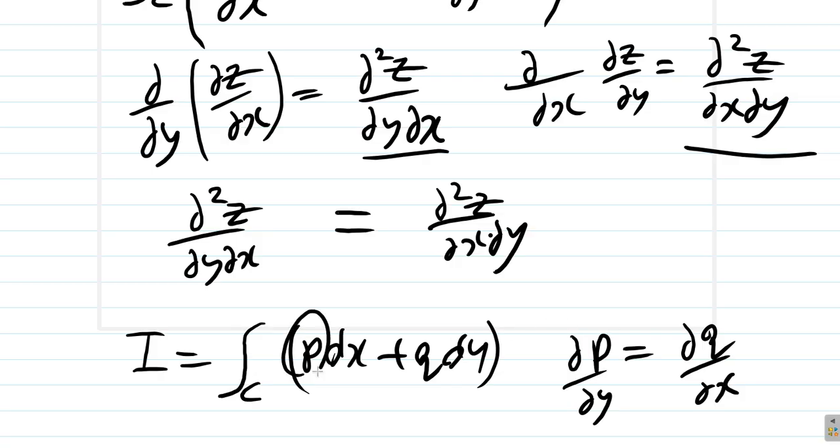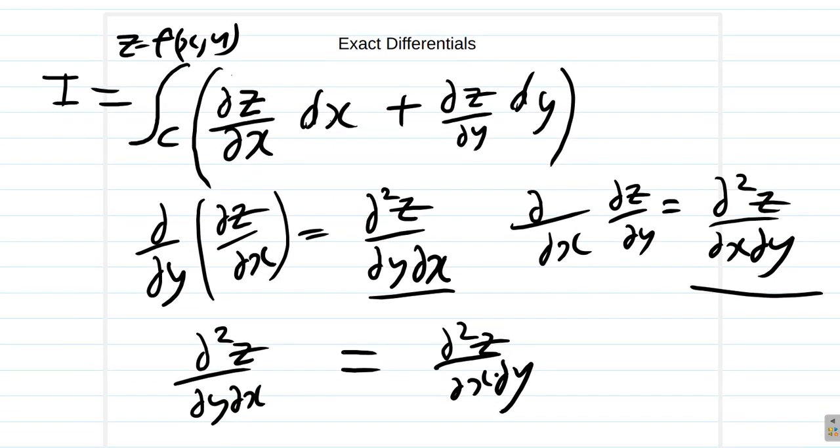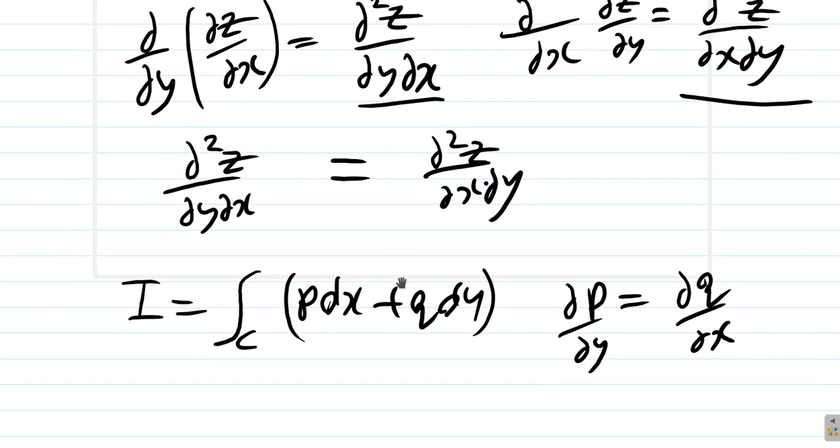In this case, p would be similar to delta z by delta x, right? And this would be q. Q would be similar to delta z by delta y.